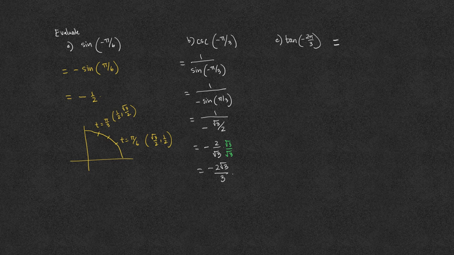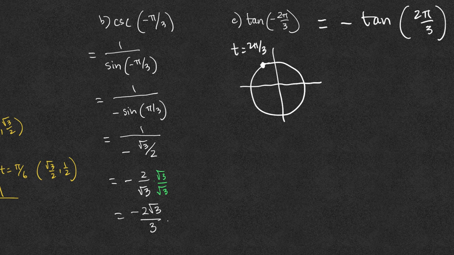For tangent of negative 2 pi over 3, which is an odd function, tangent of negative 2 pi over 3 is negative of tangent of 2 pi over 3. 2 pi over 3 is in the second quadrant, and for the terminal point determined by t equal 2 pi over 3 in the second quadrant, x is negative and y is positive.